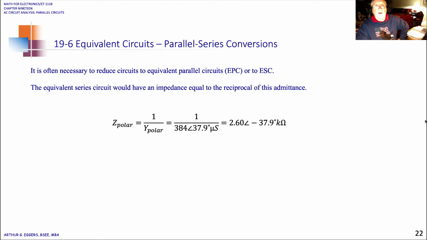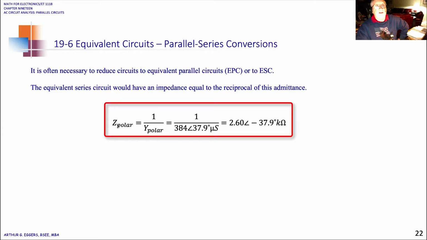So in doing so, again, we can rely on our expressions. In this case, we're going to solve for the polar impedance by using the polar admittance. I know it's a little difficult to keep track of all of these terms. Y is admittance. So we are going to use the value of 384 at an angle of 37.9 degrees in microsiemens.